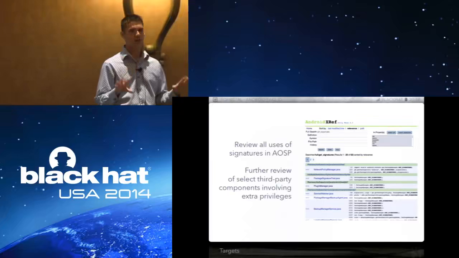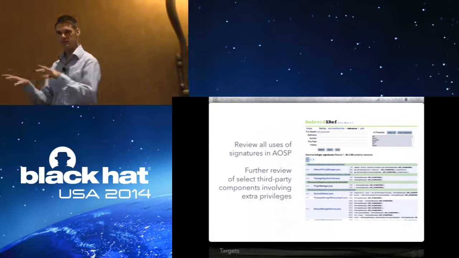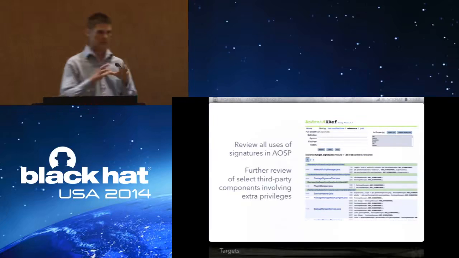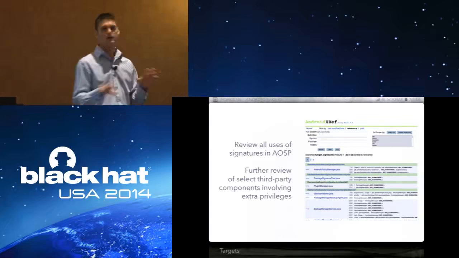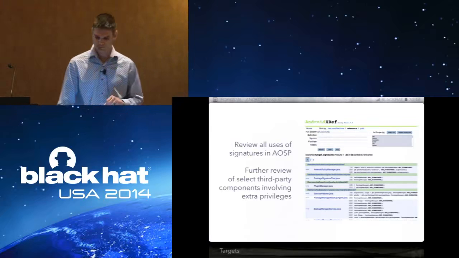So things like security containers, device management extensions, device control extensions. These are security sensitive. They all tie into this identity stuff. We looked at them as part of this to see who's susceptible to all of these signature things and how they are checking these signatures.